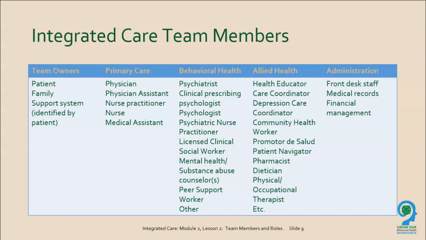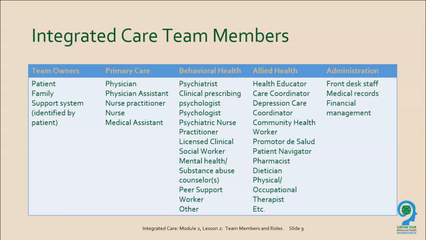Psychiatric nurse practitioners can also prescribe meds and often can provide a holistic sense of care. Licensed clinical social workers, mental health and substance abuse counselors, peer support workers, and other behavioral health paraprofessionals. The list goes on, but the point is that multiple behavioral health professionals and paraprofessionals may be involved in the patient's care.